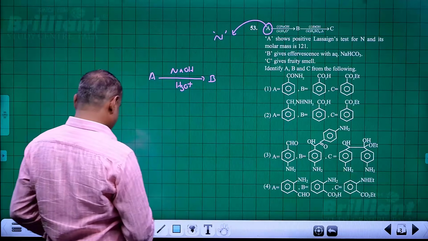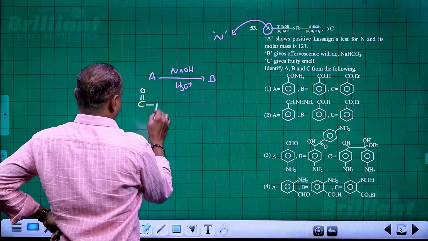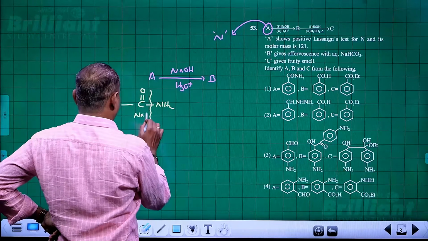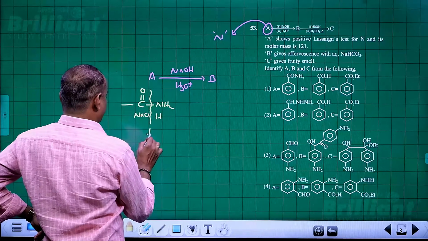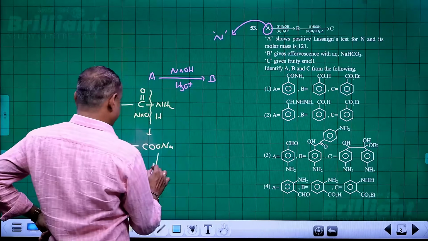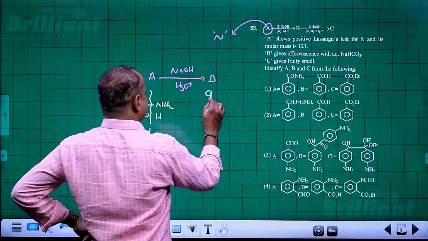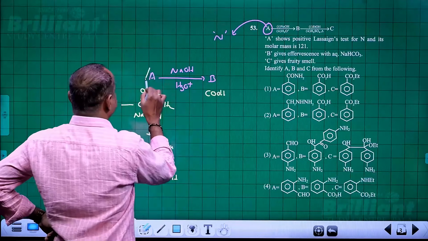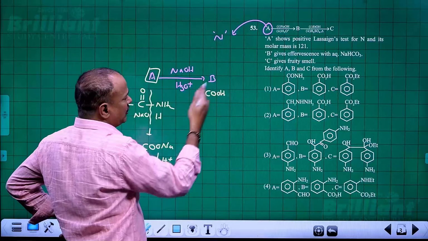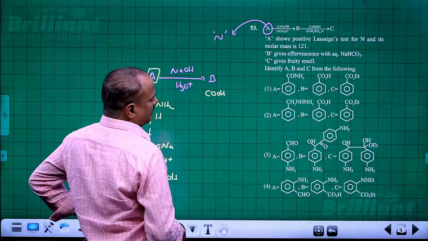But amide reacts with NaOH to form COONa followed by hydrolysis, COOH. So COOH is possible from the starting compound amide. COOH gives effervescence. Acid plus alcohol gives esterification. Okay, so A must be amide and 121 molar mass.